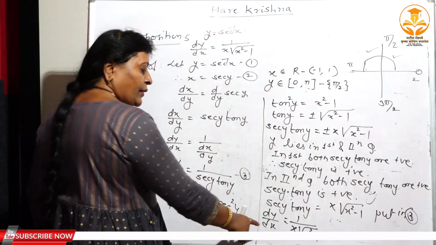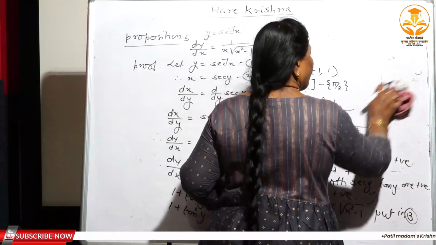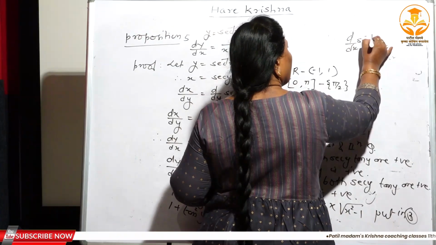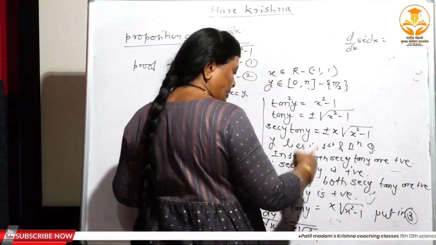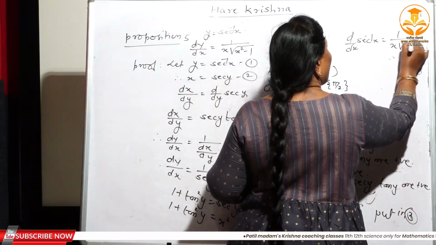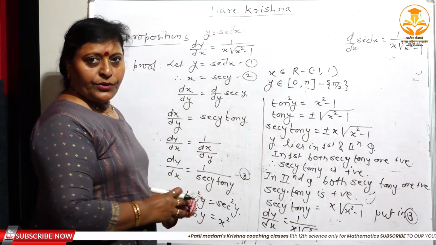Put this value here. Therefore, d dx of y means sec inverse x. So, the derivative of sec inverse x is nothing but 1 upon x root of x square minus 1. This is again the fifth proposition, right?